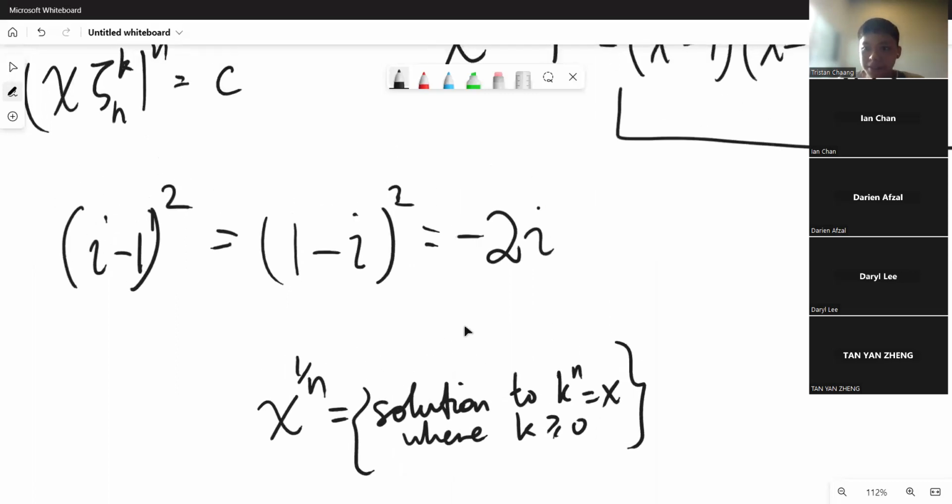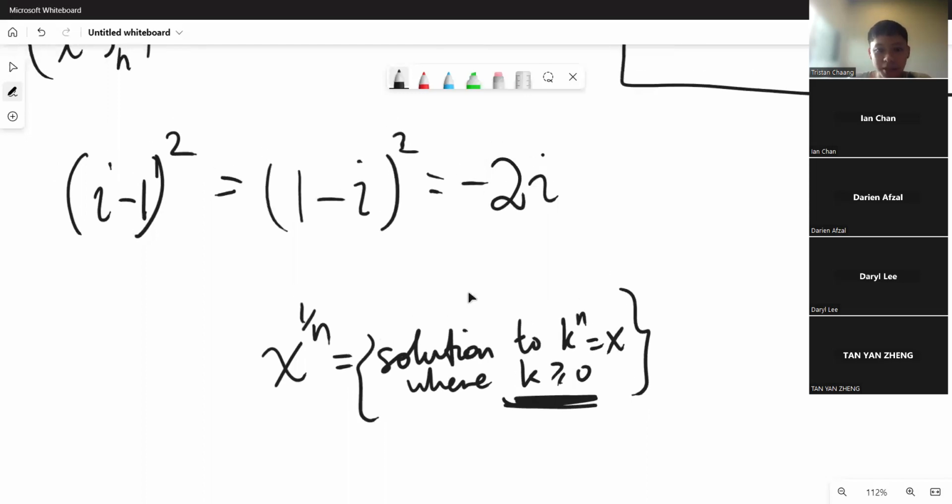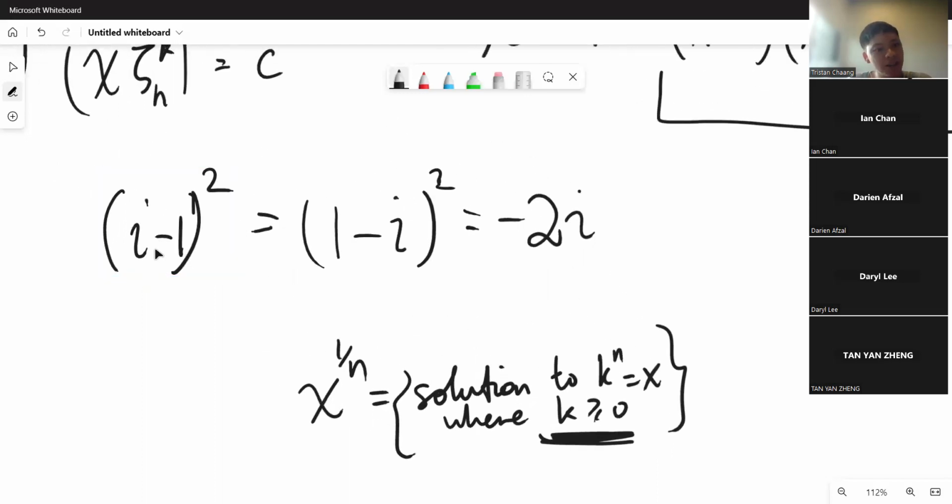But in complex numbers, you cannot really have this, right? You cannot talk about inequalities for complex numbers, unless you do some very weird thing to define what you mean by greater than. So no inequalities in complex numbers. So how do we say which one is the true square root of minus 2i? Do we say it's i minus 1, or do we say it's 1 minus i?